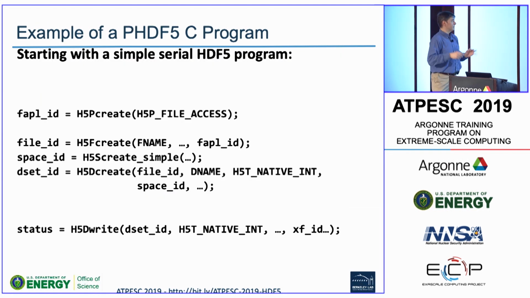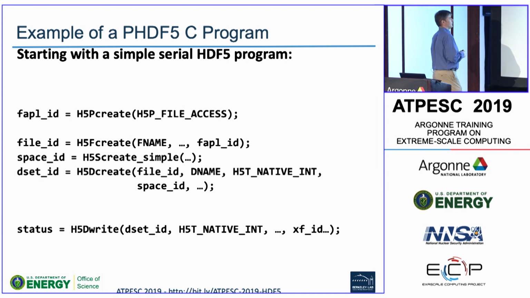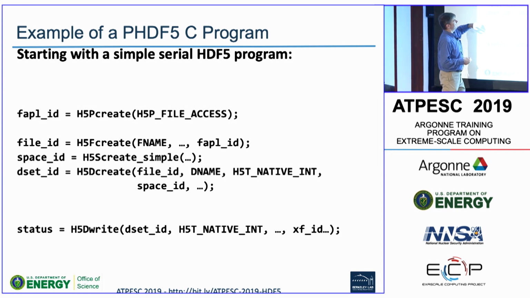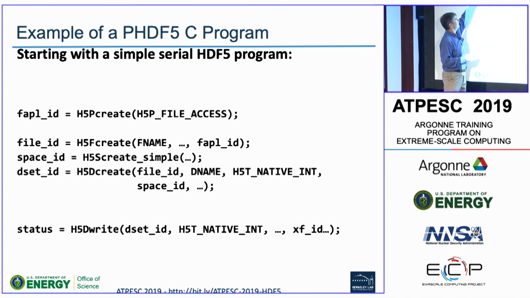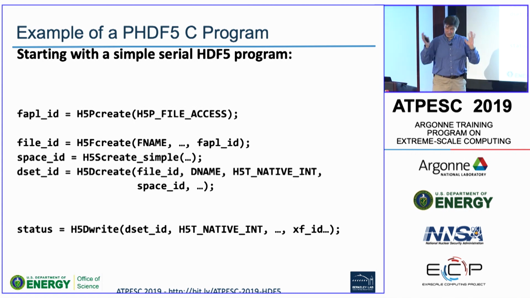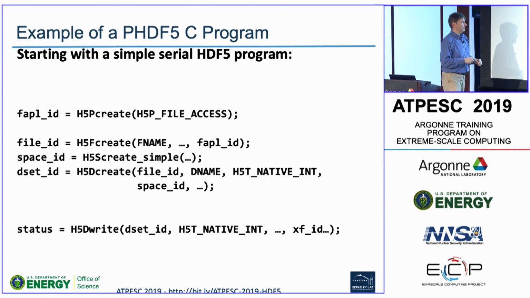So here is a very simple real code instantiation of that framework I gave you earlier. So you don't see it getting used in any meaningful way here, but this is a file access property list. Sometimes we call them FAPLs, okay? So if I slip and I say FAPL later on, it's a file access property list.